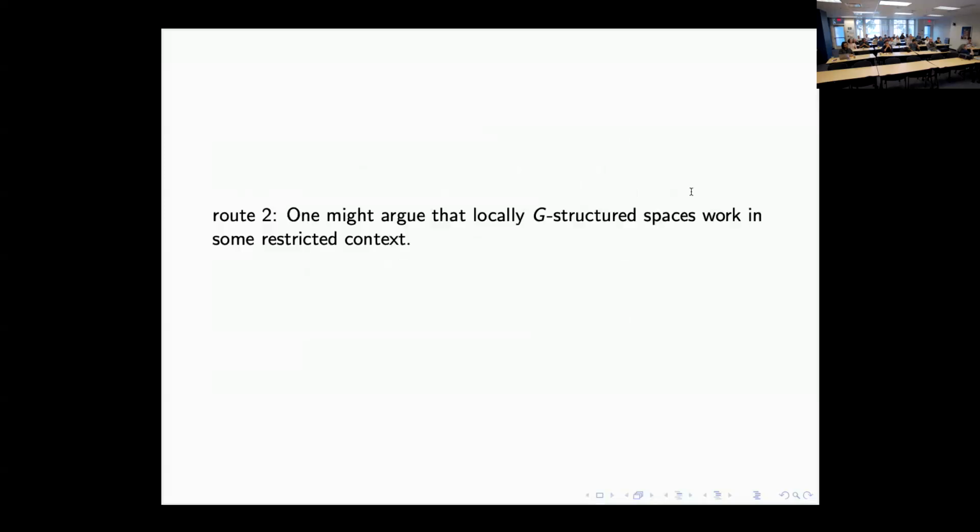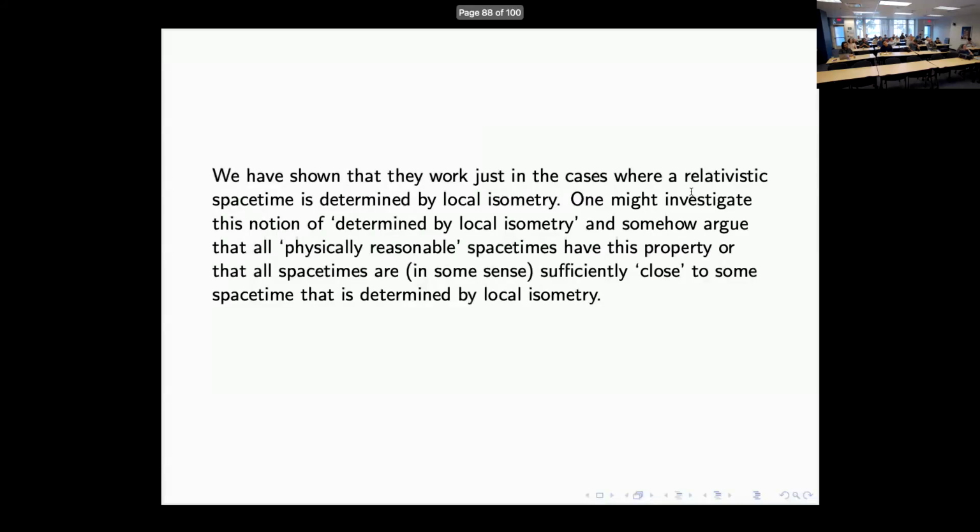Okay, another route. One might argue that locally G-structured spaces work in some interesting restricted context. So we have shown that they work just in the cases where relativistic spacetime is determined by local isometry. So one might investigate this notion of determined by local isometry. I think that we should do this regardless.